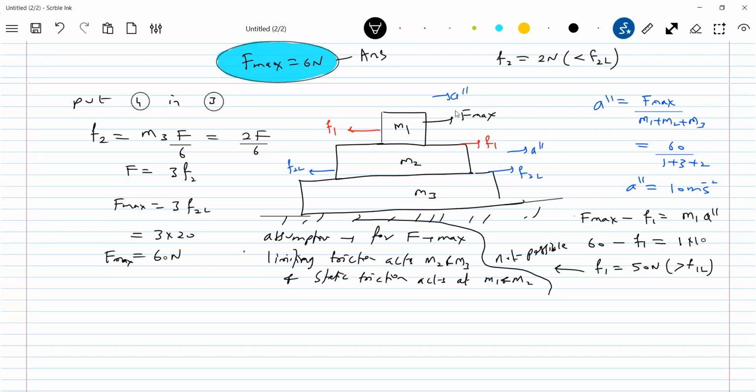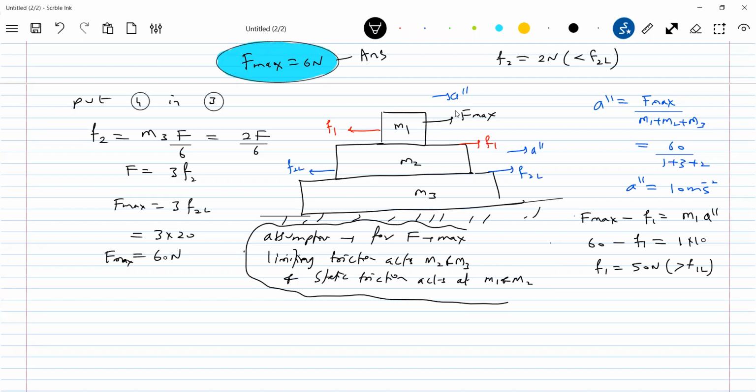But did we get it? Look at it clearly. This was the assumption we made. Is this assumption correct? No, it went wrong, no? The assumption is not true.